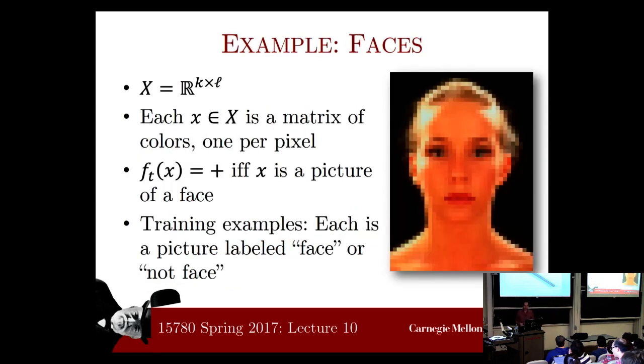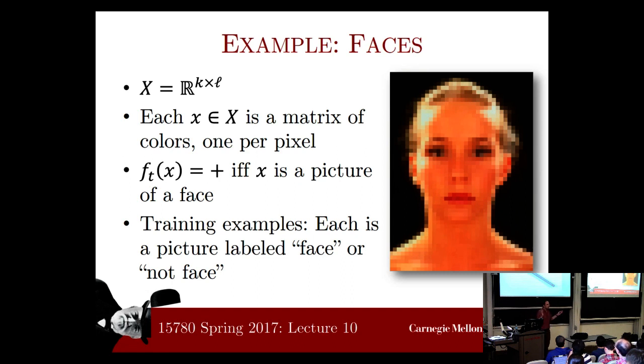So let me give you a simple example. This is actually a real-world example, but it's simple on the level that we'll talk about it now. The example is learning to identify pictures of faces. Our input space is going to be a matrix, let's say k rows by l columns, of real numbers, where every real number represents a pixel.